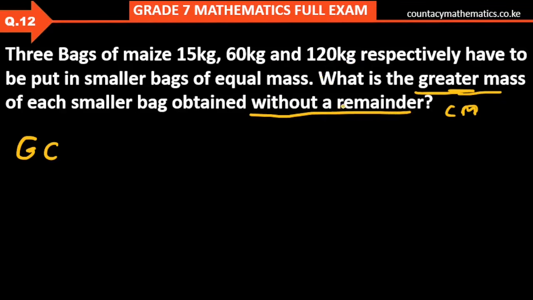Therefore, that number must be a divisor of these numbers. Therefore, it must be a common divisor. We call it CD, and it must be greatest. Therefore, the question is telling us to find the GCD, that is the greatest common divisor of these numbers. So let's go ahead and do that. So we have 15, we have 60, we have 120.